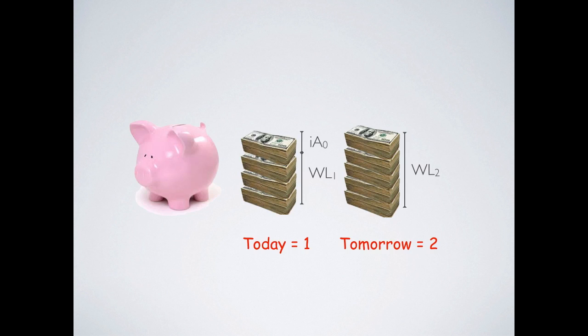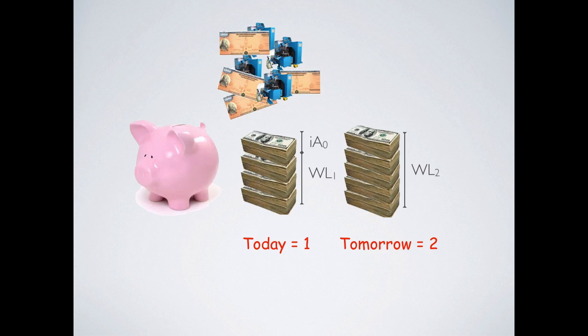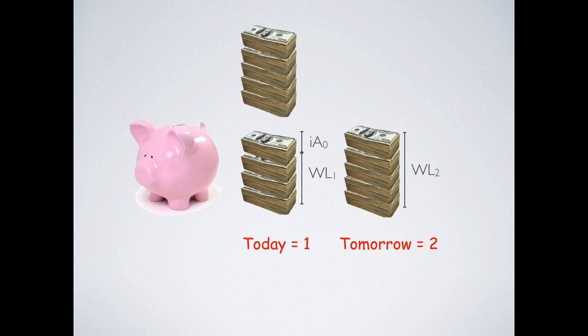Because we know that the interest income that goes into the bucket today is actually generated by the initial asset holding that we have. And we know that the initial asset that we are holding has some kind of market value, which we call A0.